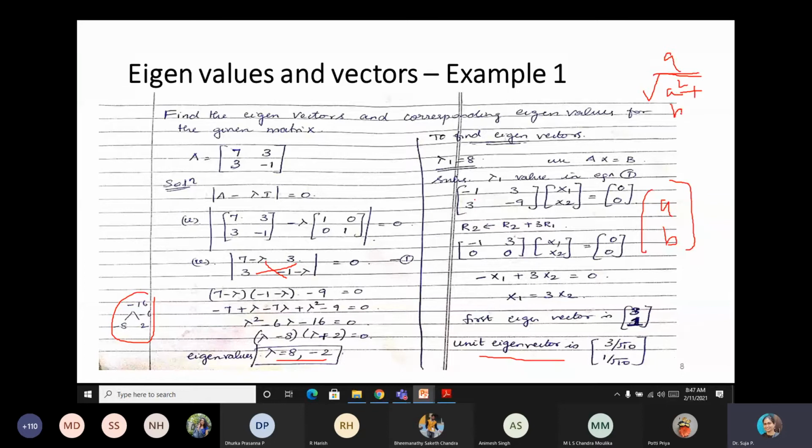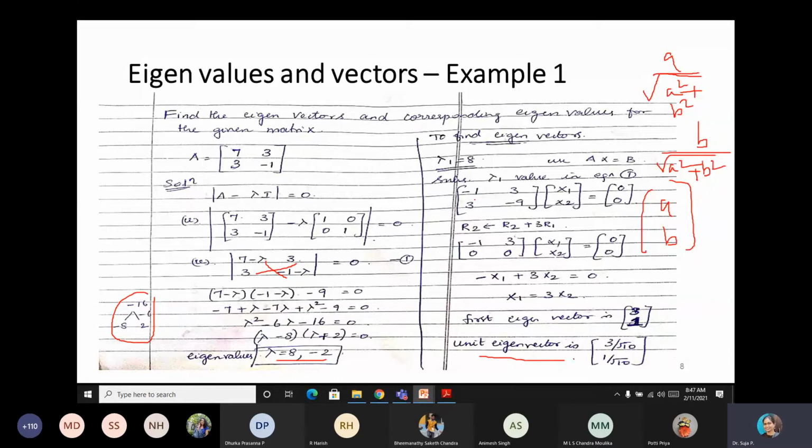That means divide by the length of the vector. Similarly, for B also we will do B divided by the square root of A square plus B square. So that is how we find the unit vector, whose length will be equal to 1.